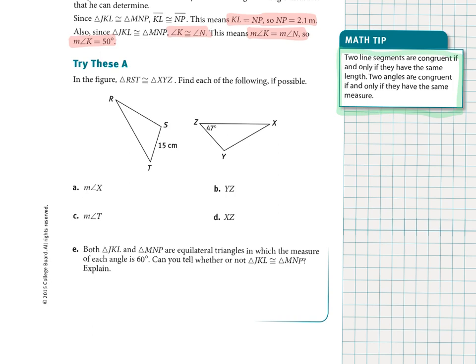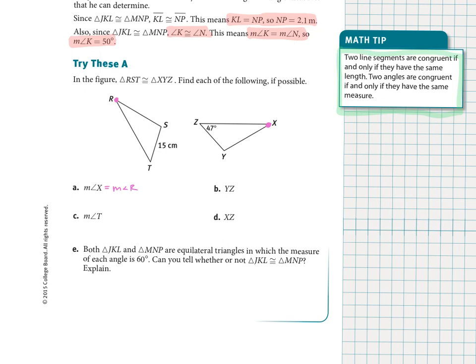So for me, what I always like to do is mark which points go with which points, right? So I know that point R is going to match up with point X. So if I know the measure of angle X, I'm going to be able to find the measure of angle R. So again, we know that these are going to be equal, so it's going to be equal to the measure of angle R. But is there a way in the picture that I know?